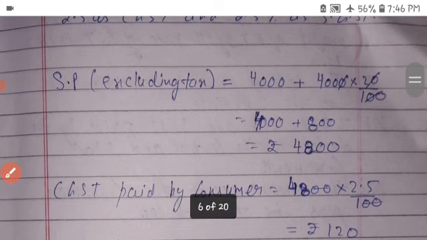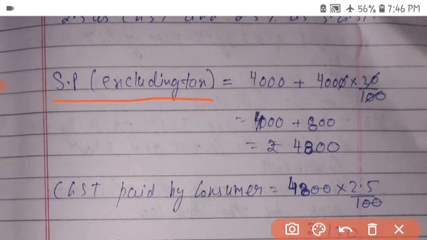Now selling price excluding tax: 4,000 plus 4,000 into 20%, that is 4,000 plus 800, so 4,800 is the selling price.